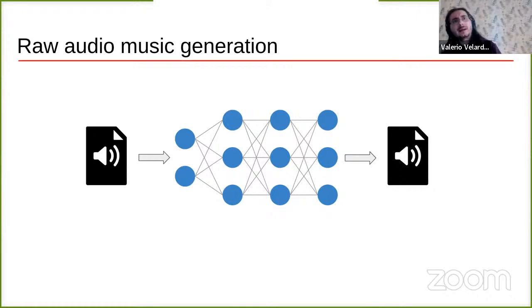Of course, there are upsides and downsides in working with symbolic music versus raw audio music representation, right? In the case of symbolic music, the great thing is that it is very low dimensional, so it's easier to work with and for the models to understand larger structures, larger musical phrases and structures, as I said.